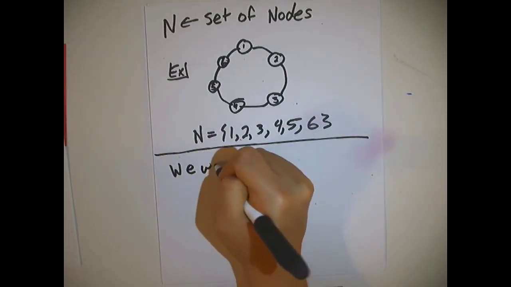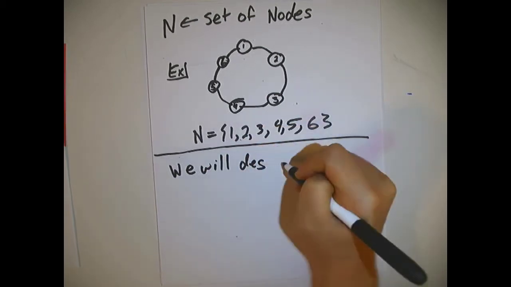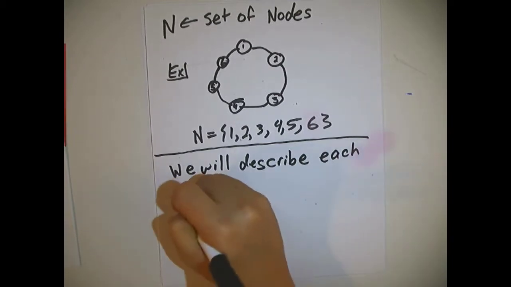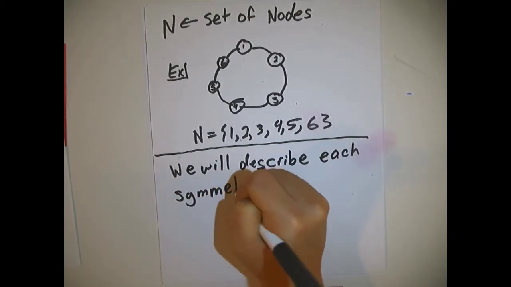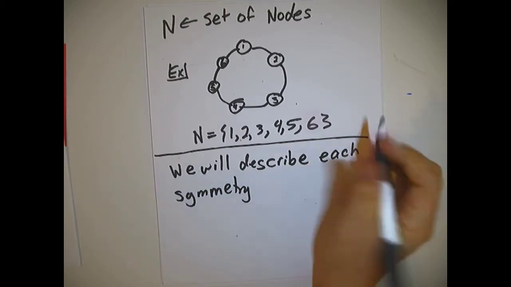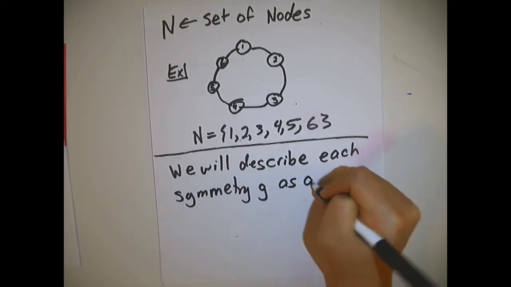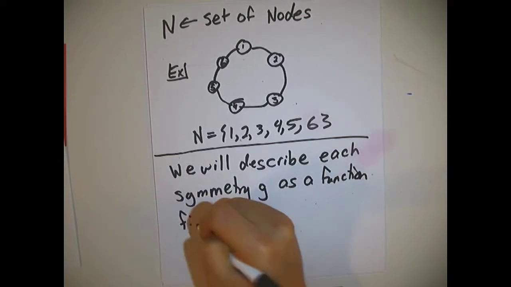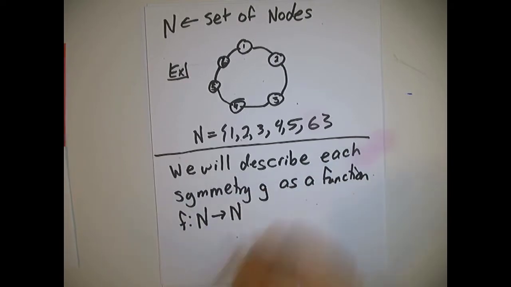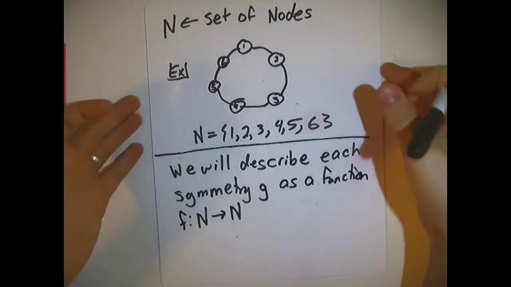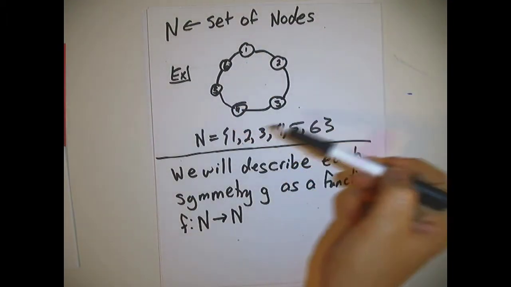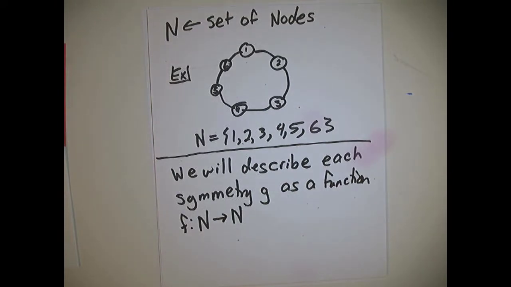So I'm going to describe each symmetry g as a function f from N to N. I'm going to look at these labeled nodes and describe, for each symmetry, where does each of those things go?